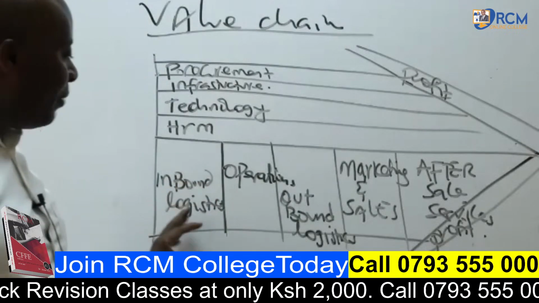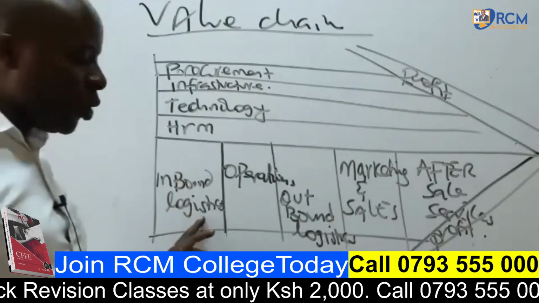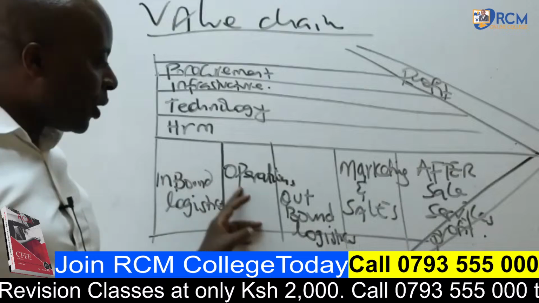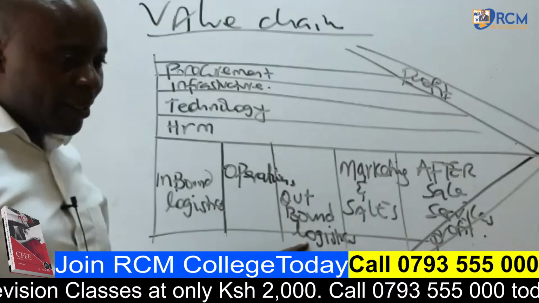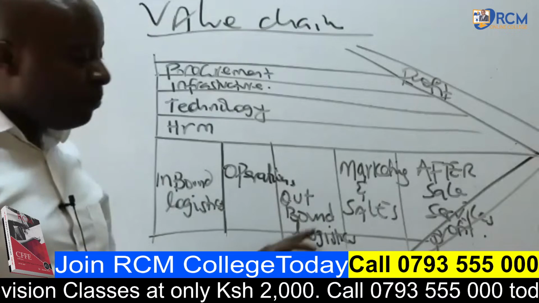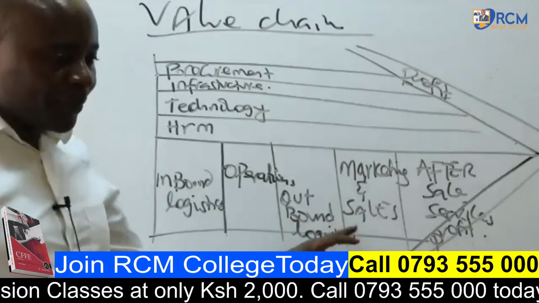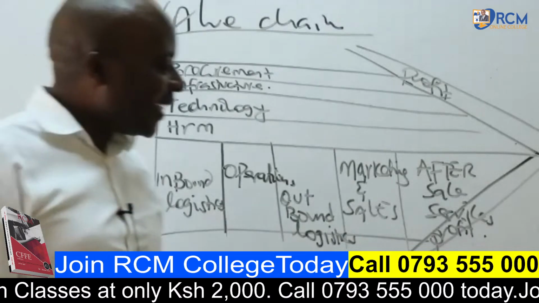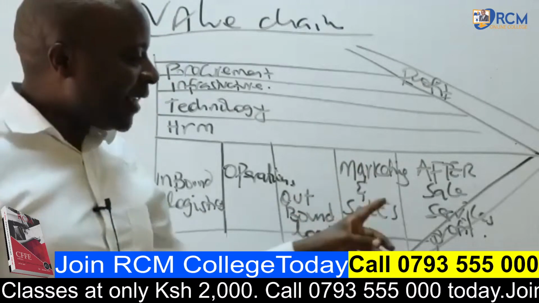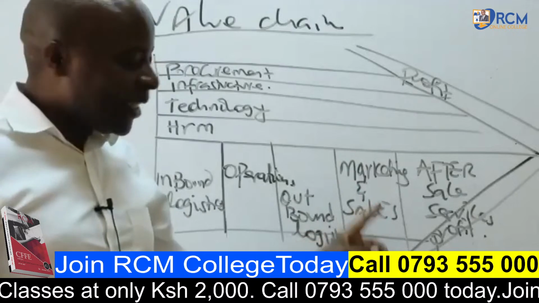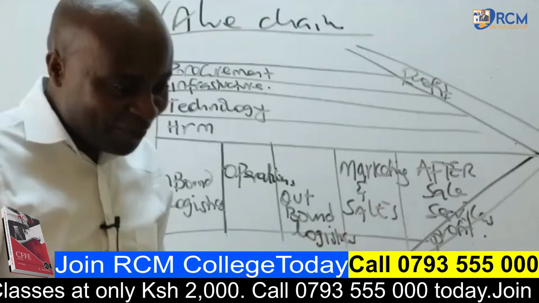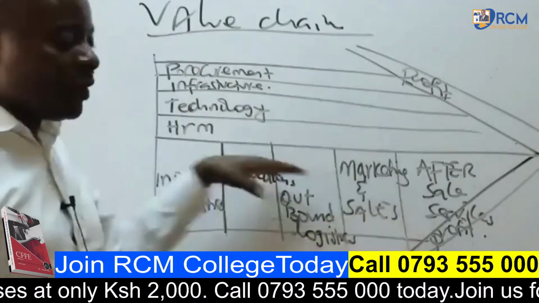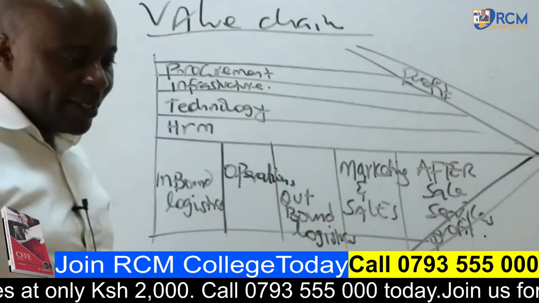We have inbound logistics, operations, outbound logistics, marketing and sales, and then after-sale services. You can also decide to take a snapshot of this, and then you will be able to draw later.